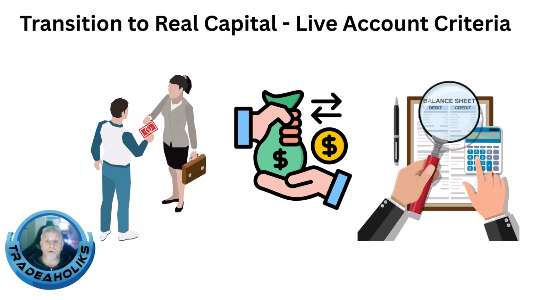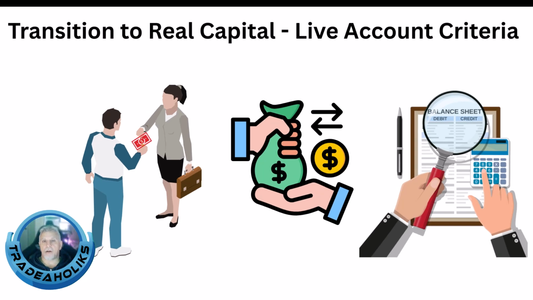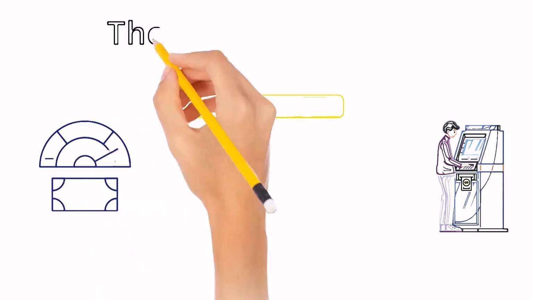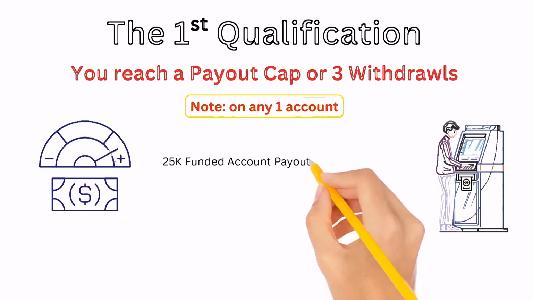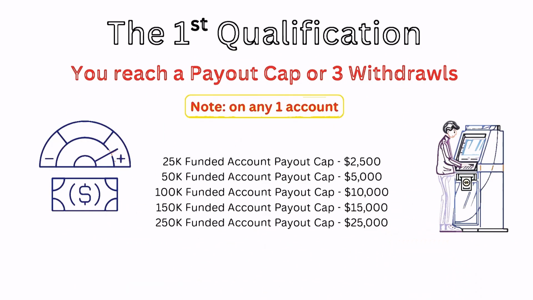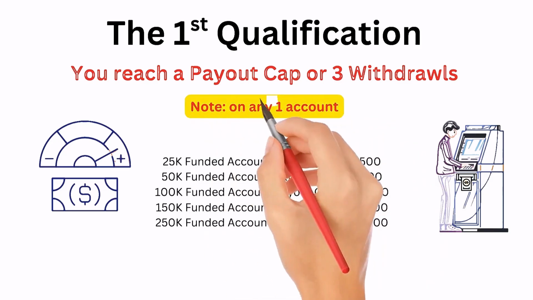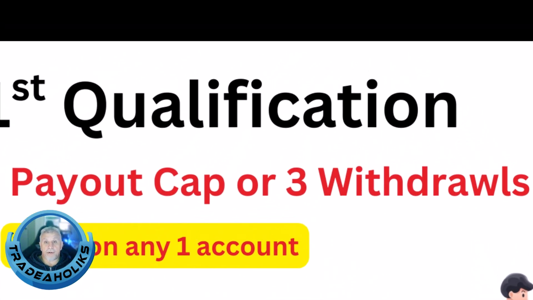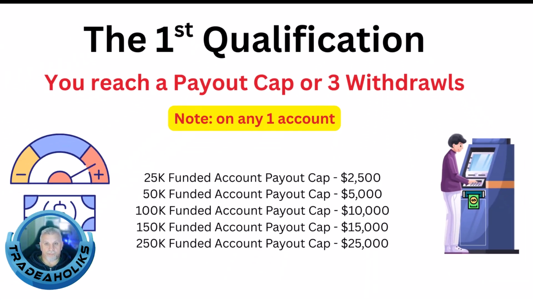So, what's the criteria when you transition to a real capital live account? The first qualification is you either reach a payout cap or you have 3 withdrawals.